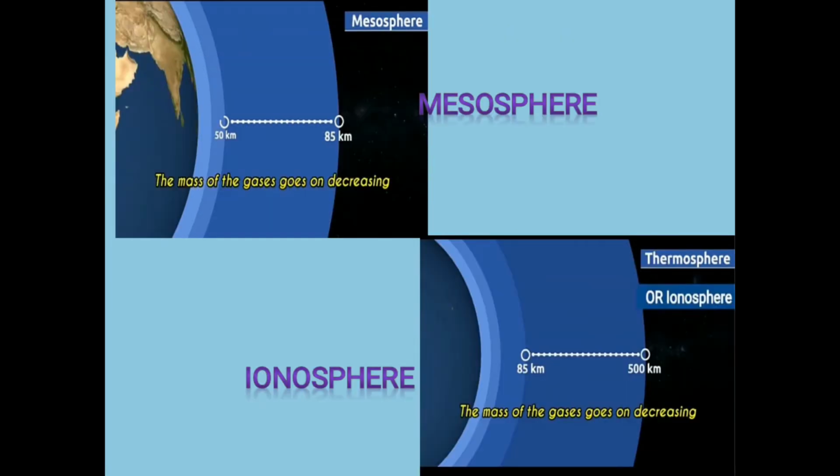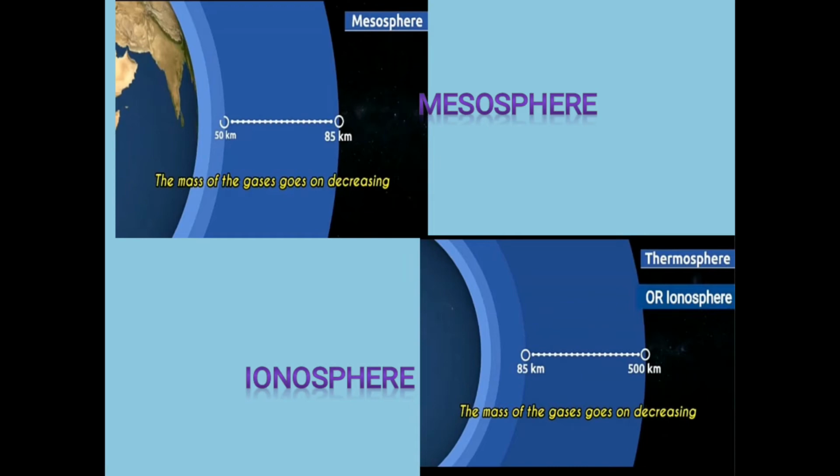Now observe the third layer of the atmosphere, that is the mesosphere, which is 50 km to 85 km away from the stratosphere. In this sphere, the mass of the gases goes on decreasing.